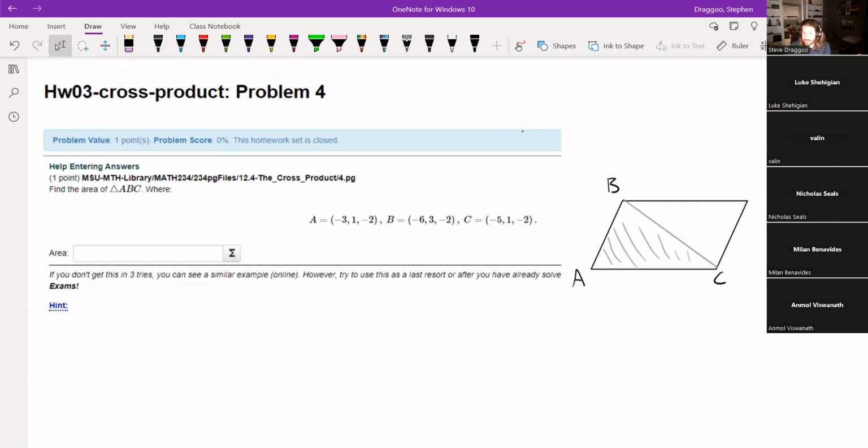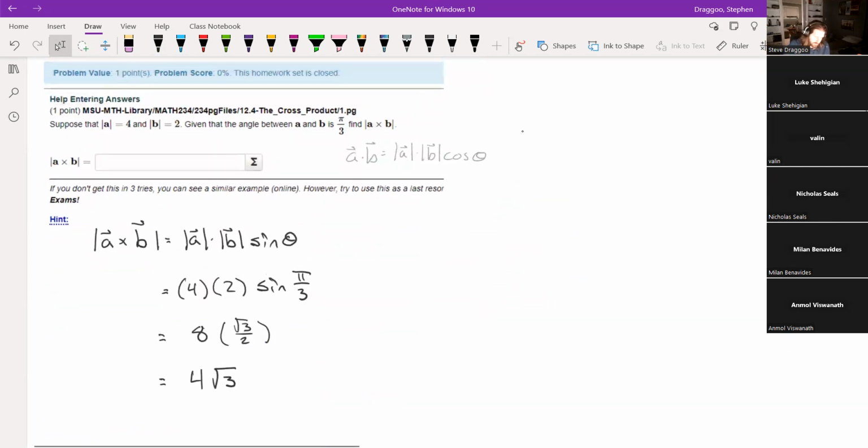Because the thing that we calculated previously, the magnitude of the cross product, which is just the magnitude of our two vectors times the sine of the angle between them, does have a geometric interpretation. The geometric interpretation of this cross product magnitude is the area of the parallelogram that's implied by the two vectors.